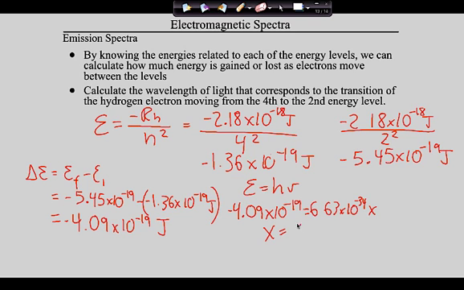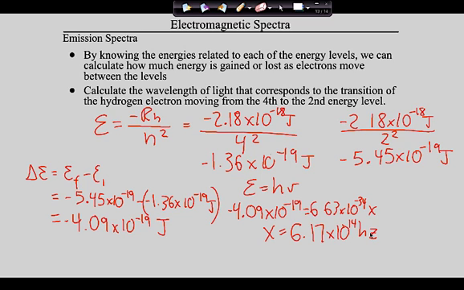And I get 6.17 times 10 to the 14th hertz. Now, guys, what about the negative in that calculation? You can drop it. The negative is simply telling you that that energy is radiated. But when you start solving for frequency, we've already established that it's radiated, so at that point you can drop it.